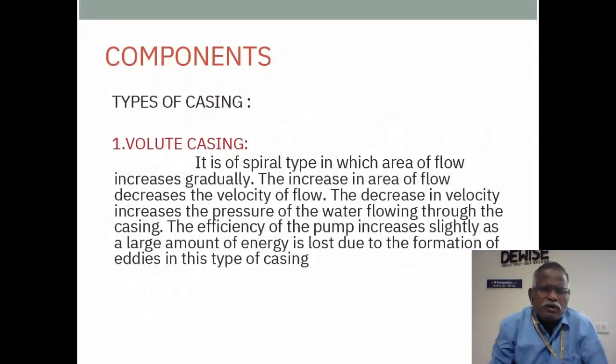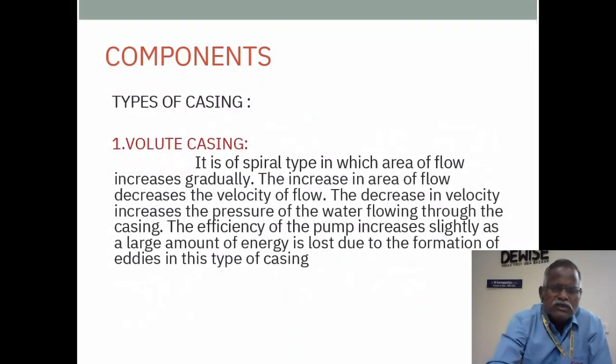Volute casing is the spiral type, where the area of flow increases gradually. As the area increases, the velocity of the flow decreases. The decrease in velocity increases the pressure of the water flowing through the casing. The efficiency of the pump increases only slightly, as a large amount of energy is lost due to the formation of eddies in this casing.